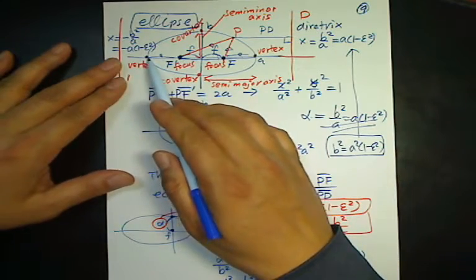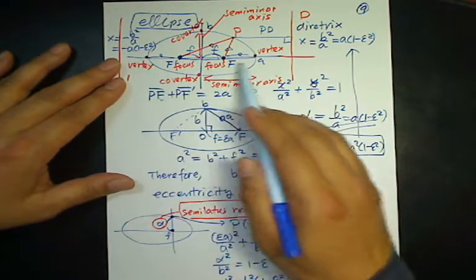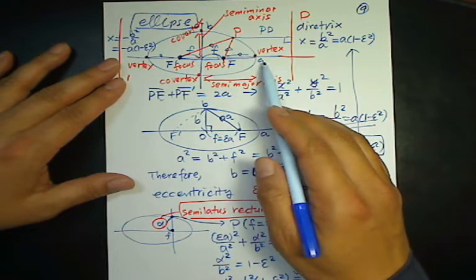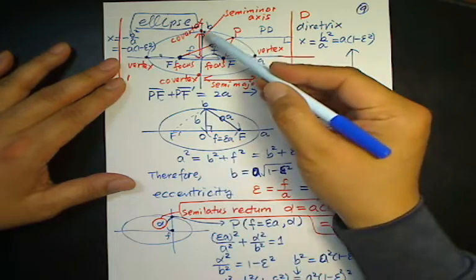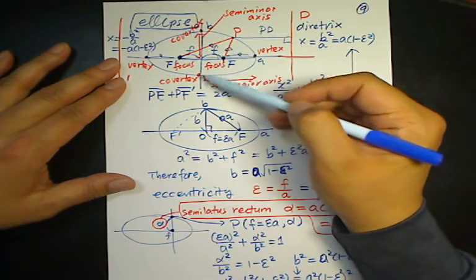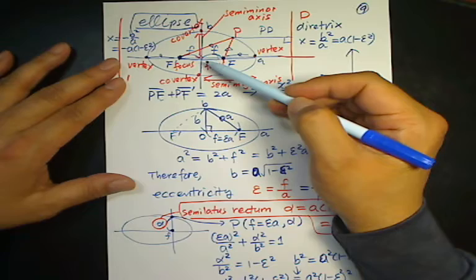And we say this distance is the major axis. And this is a semi-major axis. This is the minor axis. And this is a semi-minor axis.